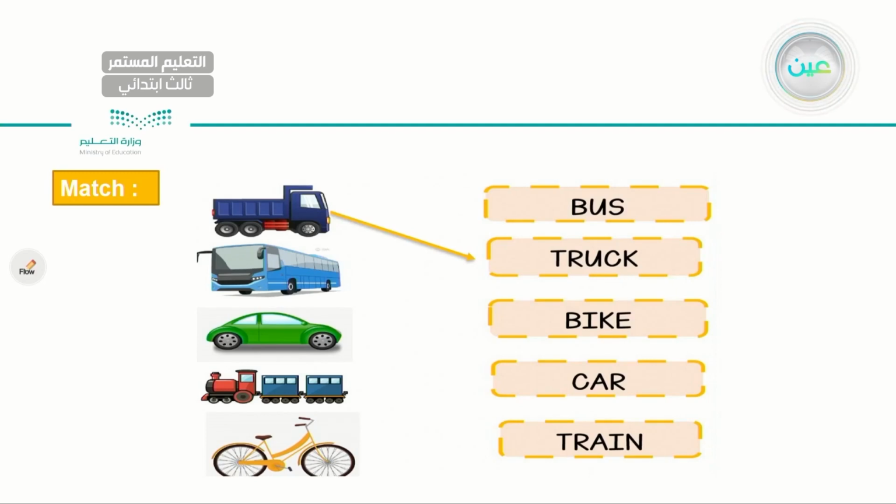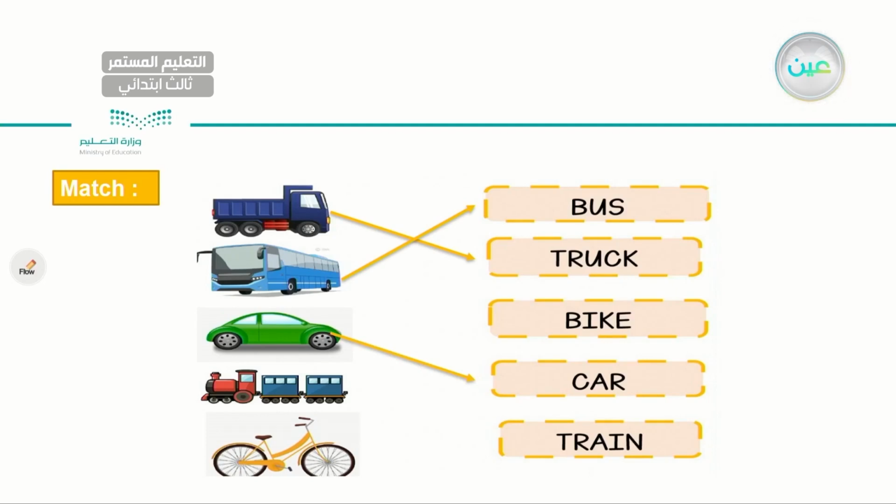How about the next one? I have a blue what? Here I have a huge blue, a blue bus. Very good. I have a blue bus. How about the next picture? What do I have here? I have a green car. Very good. A green car.